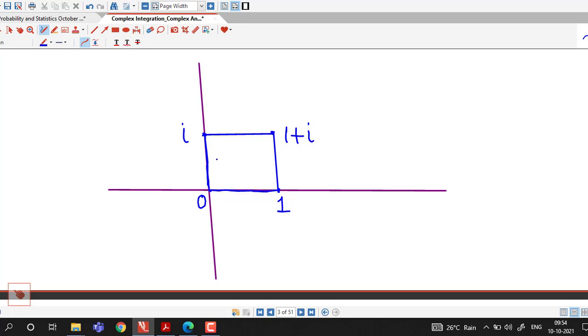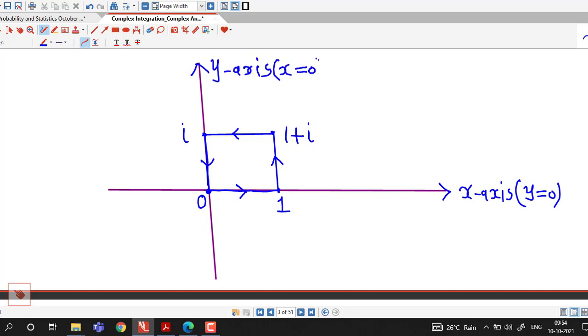Now we have to consider the boundary of this square in the counterclockwise direction. So suppose we start from 0, then we have this direction which is the counterclockwise direction. This is the x-axis, and on the x-axis the value of y is 0. This is the y-axis, and on the y-axis we know that x is 0. So our curve is the boundary of this square, and we can see that our curve does not have a single equation along this boundary.